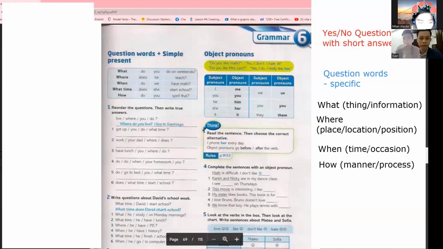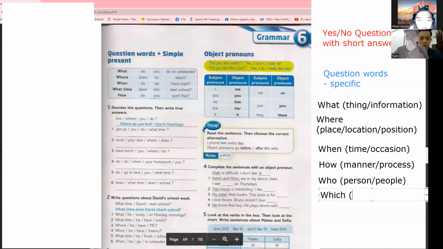Now, how about if teacher asks you, Ryan, when do we use who? We use who for person or people, or animal, as the subject. Where do we use which?